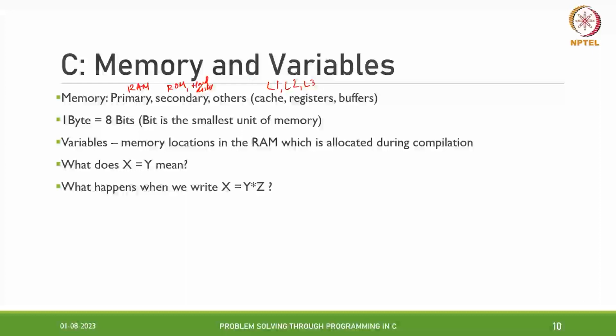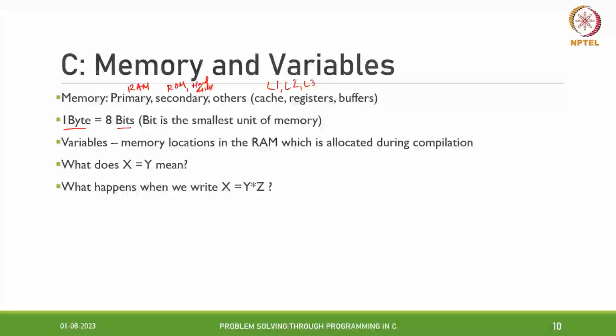They are a relatively more modern kind of memory compared to primary and secondary memory. Primary and secondary memory have been there since the very first computer, but these are comparatively more recent additions, right?